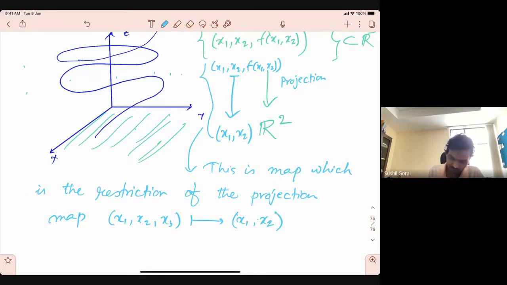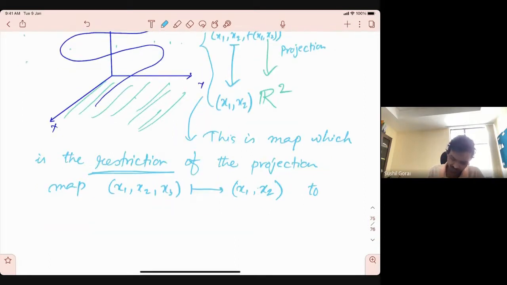So remember, I wrote here restriction. Restriction of the projection to what? To the set (x1, x2, f(x1, x2)) in R3. So this might not be a subspace at all.